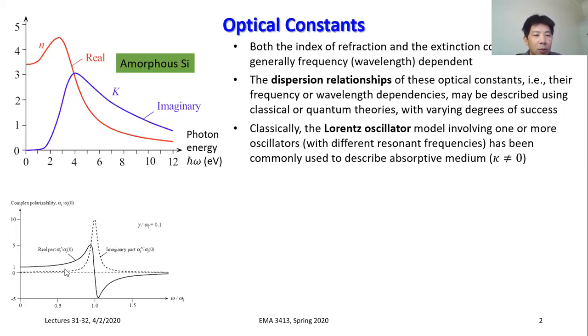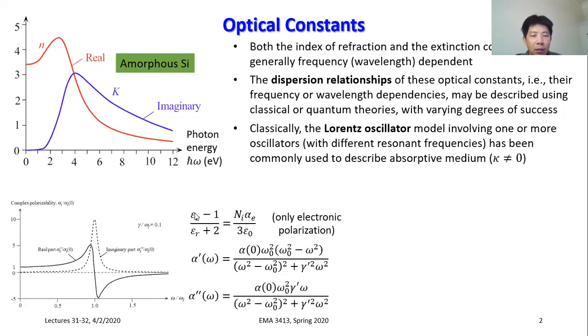Now what's being plotted here is the polarizability. So you have to convert the polarizability to the dielectric constant, and then you take the square root of that to get to the index of refraction. So not necessarily comparing things directly, but you see that when the real part goes up and down, the index of refraction should also go up and down.